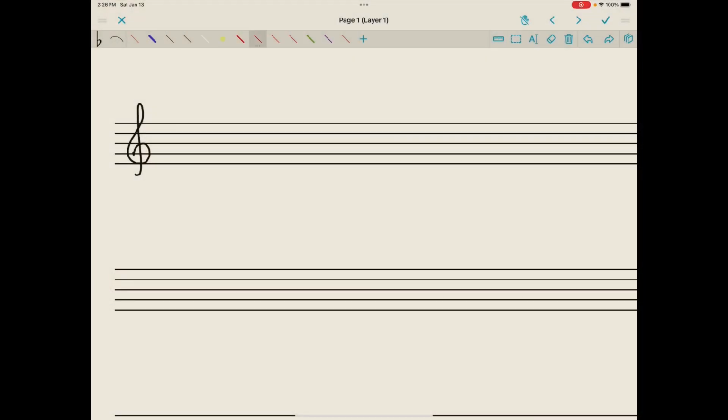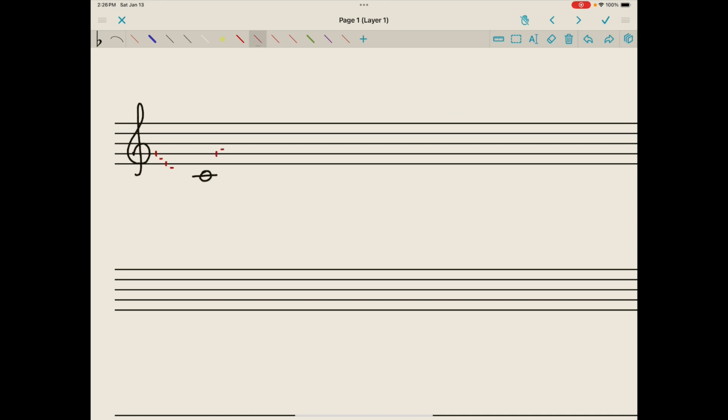So returning to our treble or G clef and knowing that this is a G, let's write 3 different C's in the treble clef. So I'm first of all going to go down, F, E, D, and our first C that we're going to write will be right here on our first ledger line below the staff. And then I'm going to start at that G again.